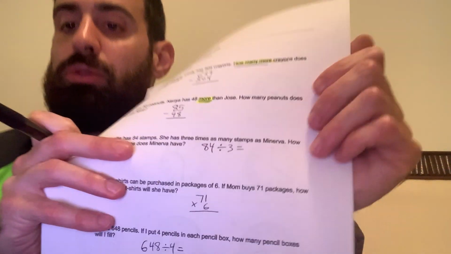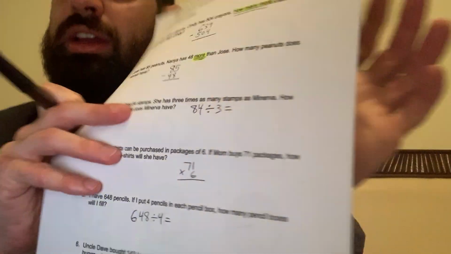It's obviously going to be a lot of pencil boxes, right? So you need to divide 648 divided by 4. And the reason you're doing that is you're trying to find out how many boxes you could have in total. So you're splitting up the 648 pencils by 4.